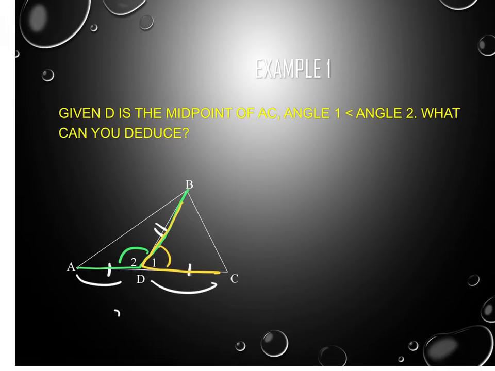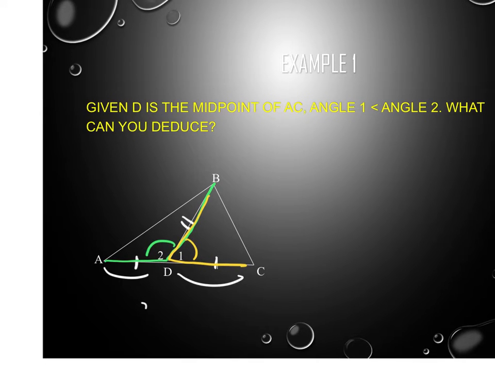So here it says, what can we determine? Well, if angle 1 is bigger, and if you wanted to give it numbers so it's easier to see, this is a straight line. We could say that angle 1 could be 60, and maybe angle 2 might be 120.